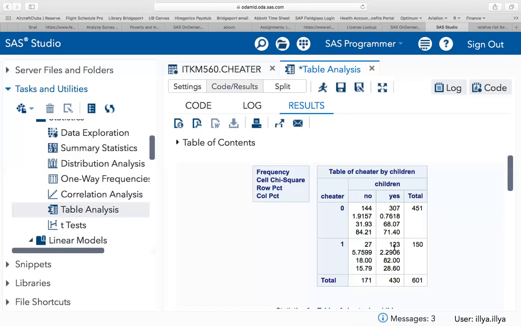The risk of cheating if you have children is 1.8, meaning you're almost twice as likely to cheat if you have children. We're talking about relative risk. The odds of cheating are 2.13. Again, the odds is just a slightly different calculation. I'm not articulating it well right now.